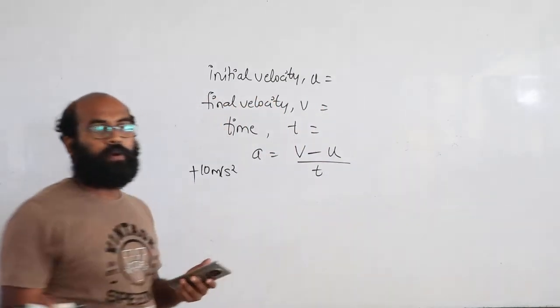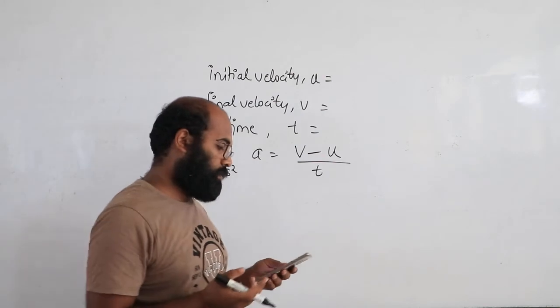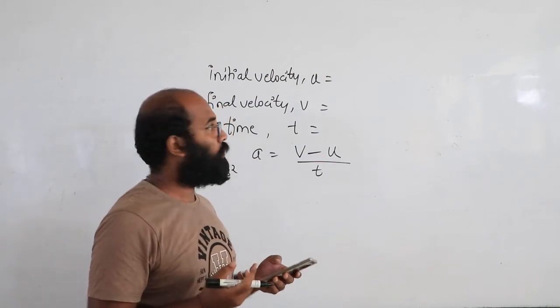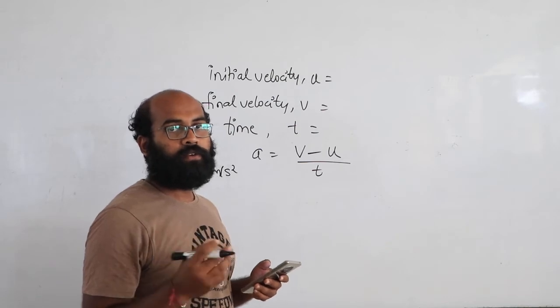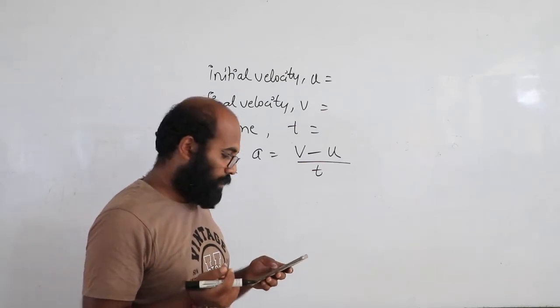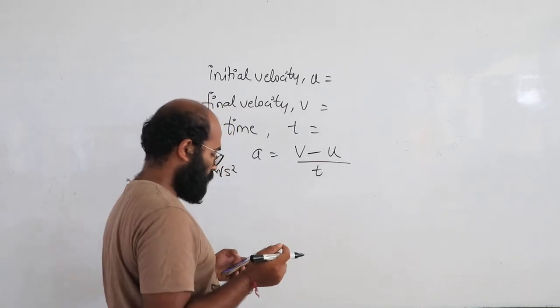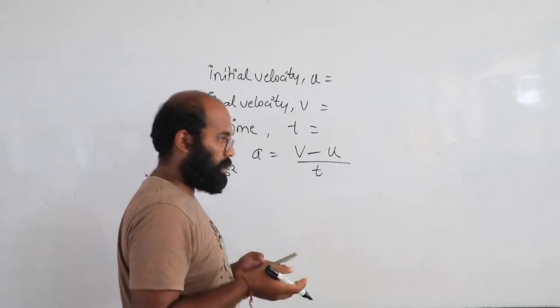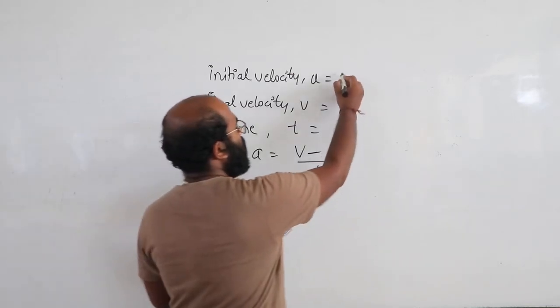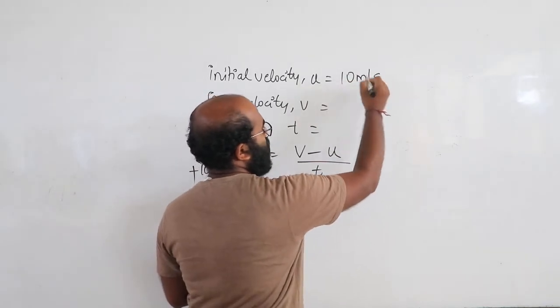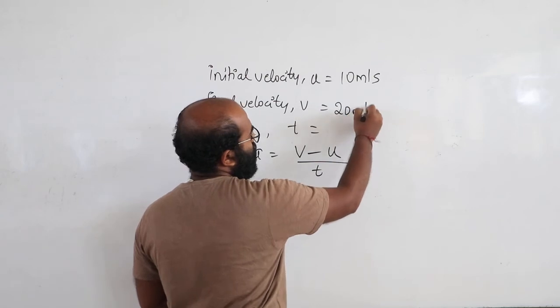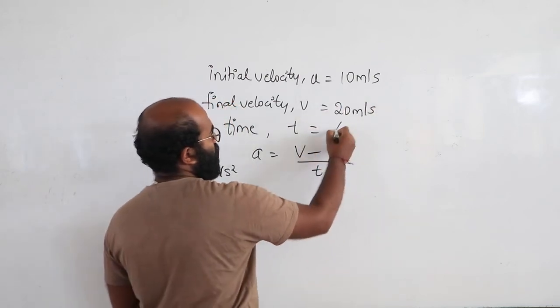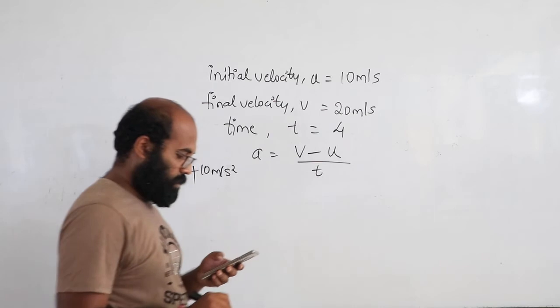So whatever may be the type of problem, if you know what they have given and if you know what you have to find, you have to use a suitable equation. A scooter traveling at 10 meter per second speeds up to 20 meter per second. So it means initially it is moving at 10 meter per second, then its speed is increasing to 20 meter per second in 4 seconds.